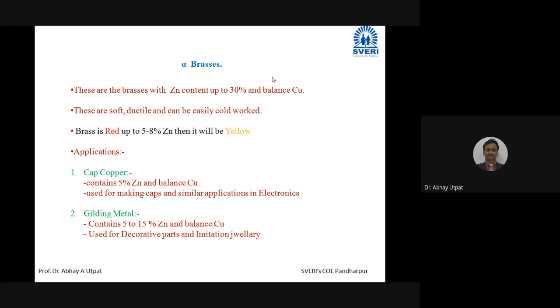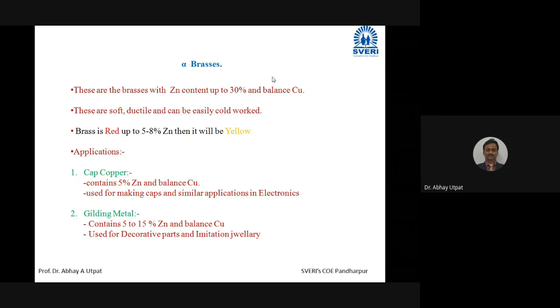Now, what happens as you go on adding zinc content? A yellow color appears. At around 10 to 12% of zinc, it shows a shiny yellowish color like gold.